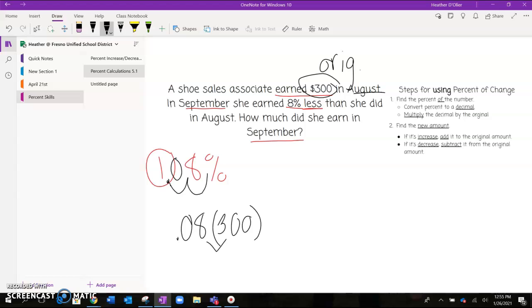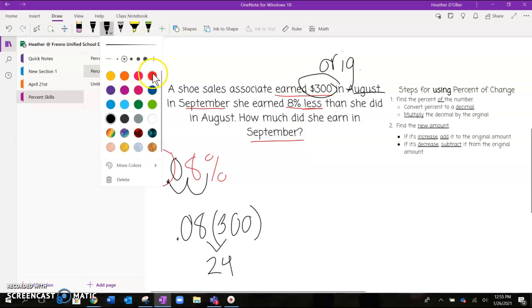And I'm doing this math on a calculator. I'm not doing it in my head. 0.08 times 300 equals 24. So that means 8% of 300 is 24. But I'm not done here. That's how much money, or how much less money she earned.